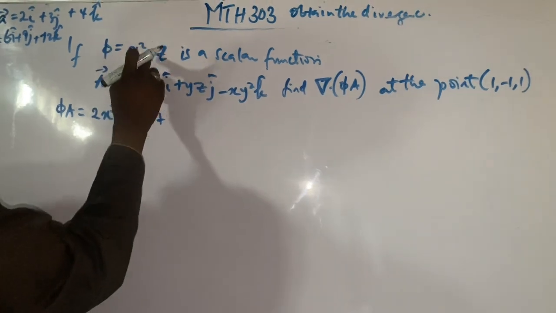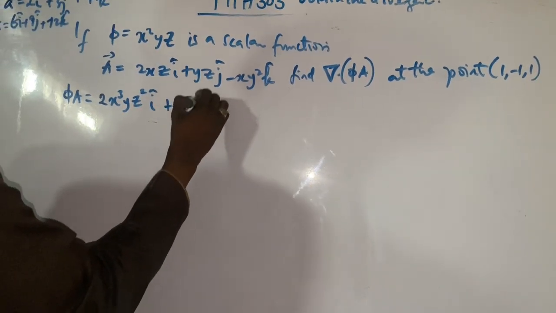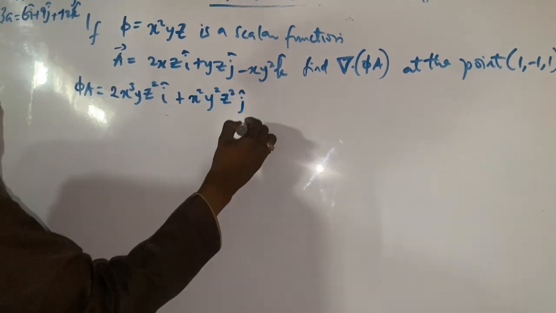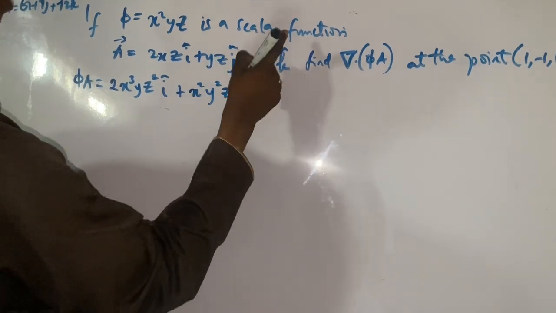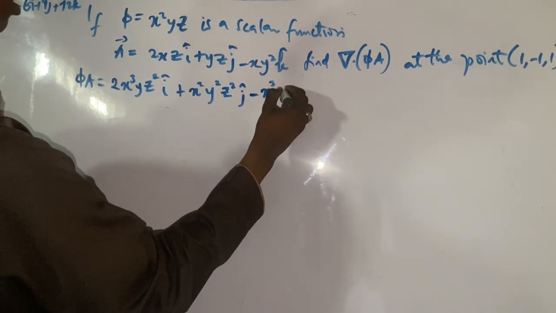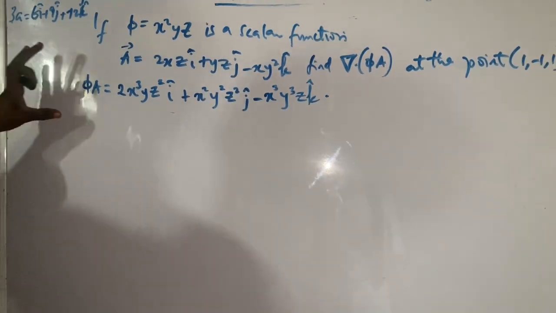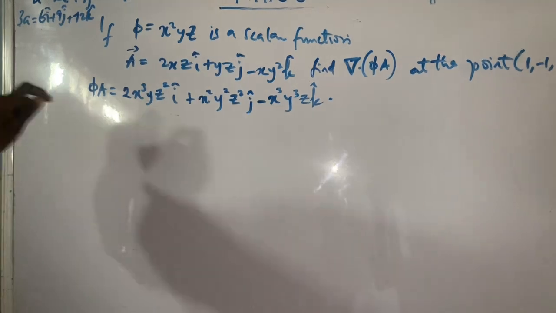So x squared yz times yz, that is x squared y squared z squared in the direction of j, minus x squared yz times xy squared, that is x cubed y cubed z in the direction of k. We've gotten our phi A. We now said, what is the divergence of phi A?